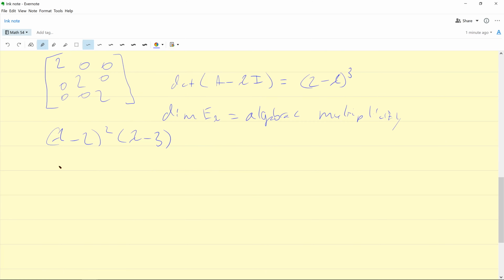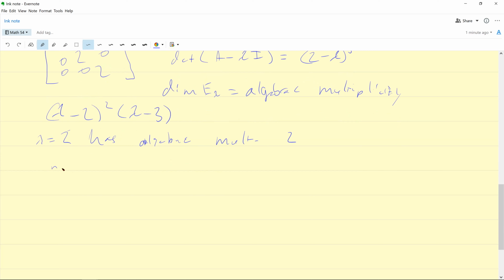So 2 is a double root because there's a squared power there. Lambda equals 2 has algebraic multiplicity 2. But there are different matrices that have this characteristic polynomial, and some of them have eigenspaces that are smaller and some have eigenspaces that are larger.